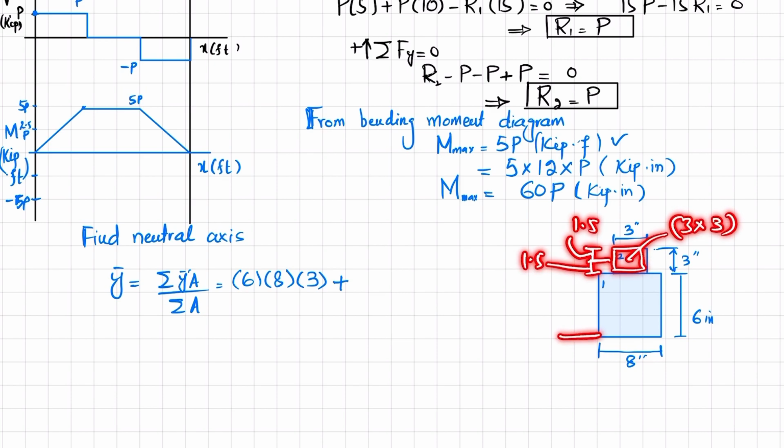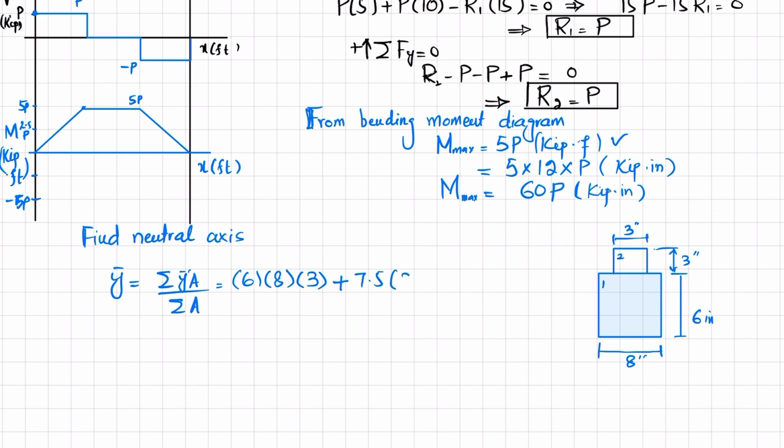So from base till this center, this is equal to 6 plus 1.5, which is equal to 7.5. So I will write 7.5 multiplied by 3 multiplied by 3 divided by sum of area. First area was 8 multiplied by 6 plus second area is 3 multiplied by 3. When you solve this, you will get y bar equal to 3.7105 inch.